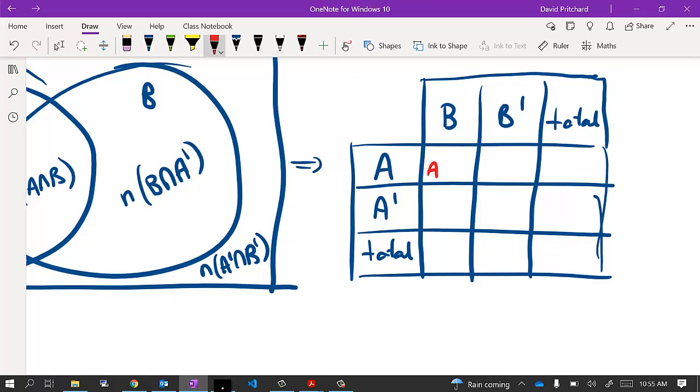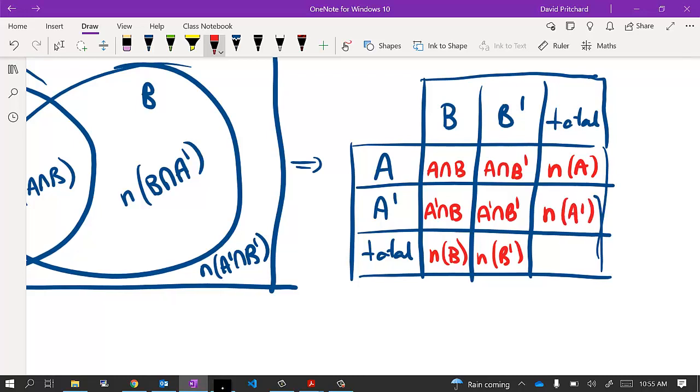So this is A and B. This is A and not B, so this is only A. This is not A and B, so this is only B. This is our not A and not B. And these totals here are then, this is our number of B. This is our number of not B. This is our number of A. This is our number of not A. And then this is a number in our universal set.